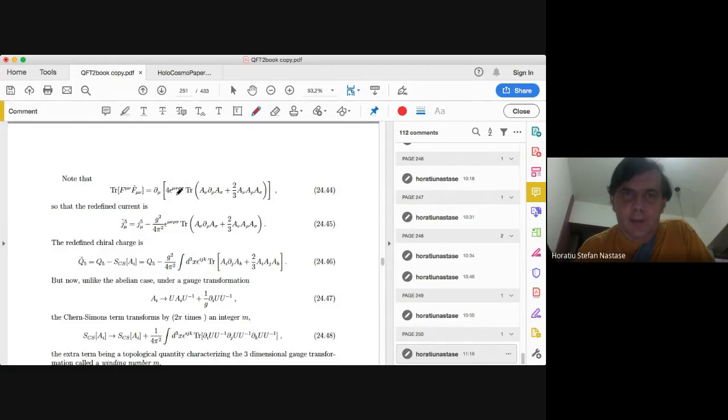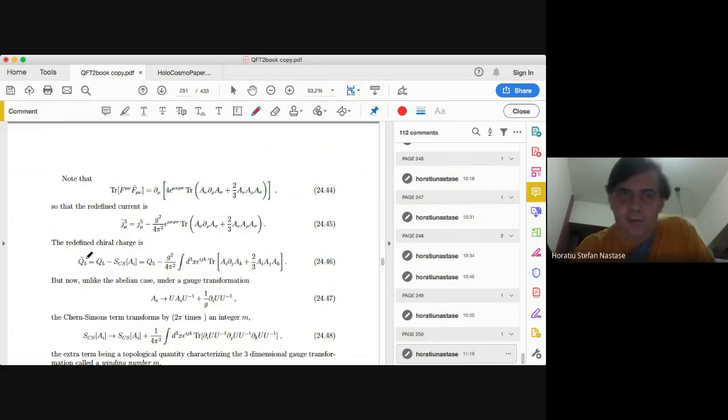So it is ∂_μ of ε^{μνρσ} trace A_ν ∂_ρ A_σ, which was what we got in the abelian case, but now it's plus 2/3 A_ν A_ρ A_σ. So because of that, I repeat the same argument, and there's a redefined current j̃^μ_5, which is j^μ_5 minus g squared over 4π squared ε^{μνρσ} times this trace of A dA plus 2/3 AAA.